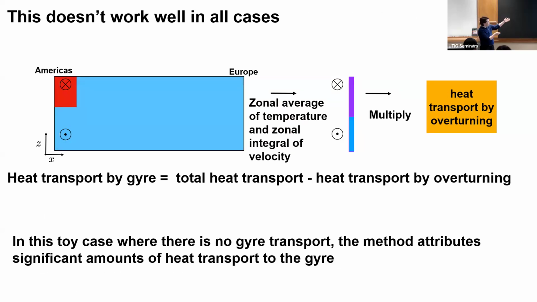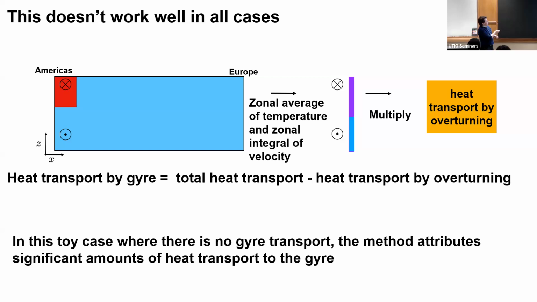This is another example, and this was the example that got me motivated to think about this. If you have heat transport by the overturning and you really don't have any gyre, like I said, the overturning is going to be on the western boundary. And in general, if you have northward flow, I would imagine that flow is going to be warm because it's coming from the equator if we're in the northern hemisphere.